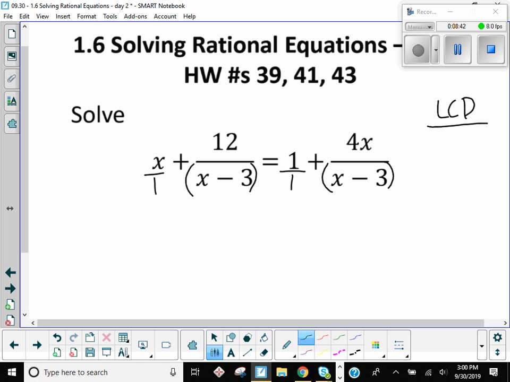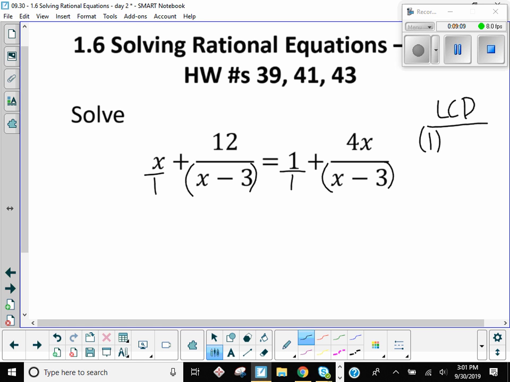Now, this denominator right here, that 1, I'm going to put it in the LCD, okay? Because remember, the LCD represents each separate denominator. But really, at the end of the day, multiplying something by 1 isn't really changing anything. The reason why I'm including it here is just for consistency, just to follow the procedure.